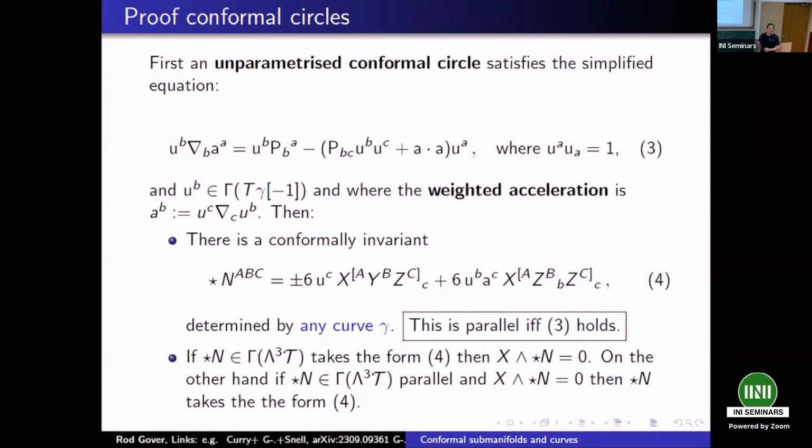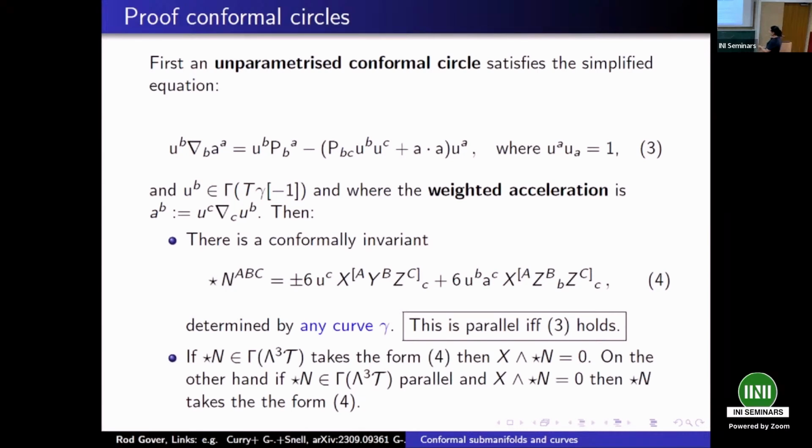You're dividing by the length. Yeah, that's right. It's an unparameterized curve, and this is the way of doing it. Anyway, these are sort of details.